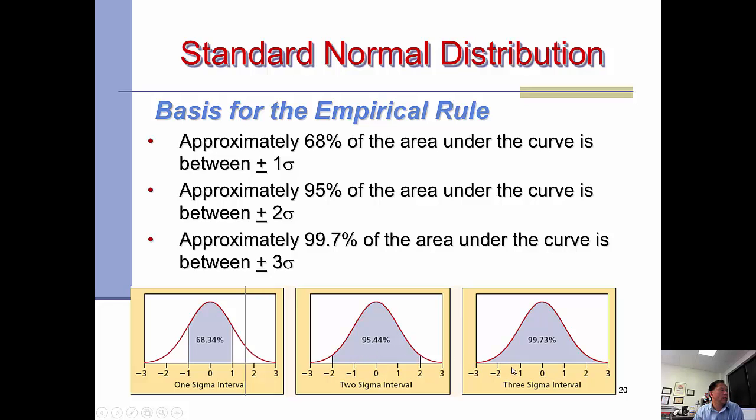And between 3 standard deviations, minus and plus, the area under the curve is 99.73. Now that's almost everything. Okay? So this standardized normal table is the basis for the empirical rule we talked about in previous chapters.